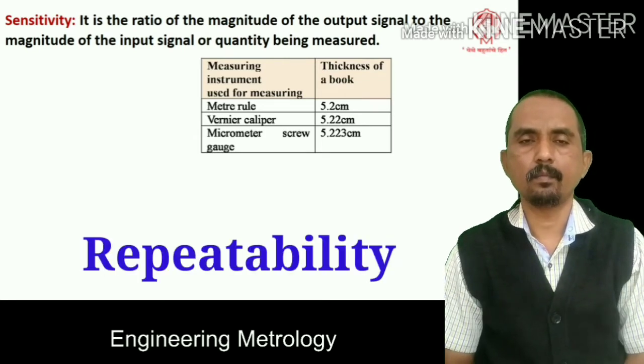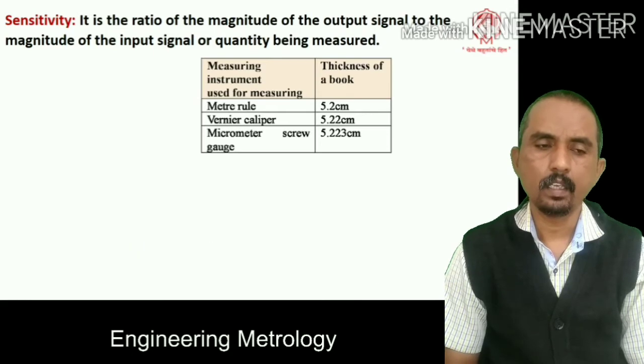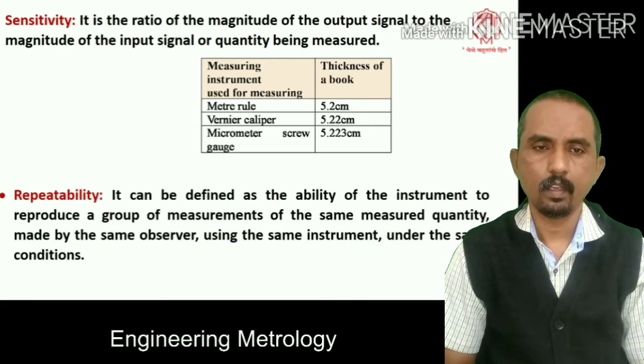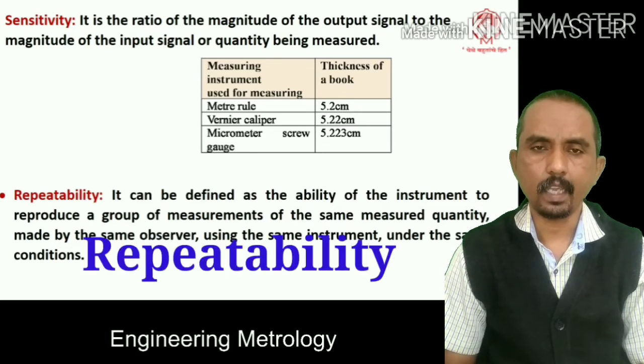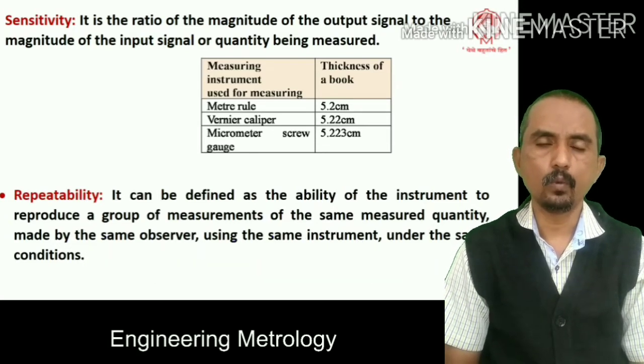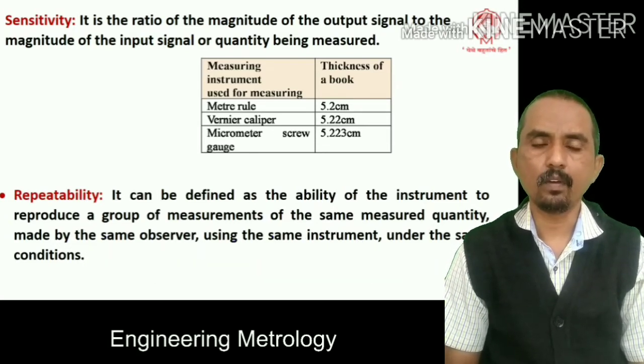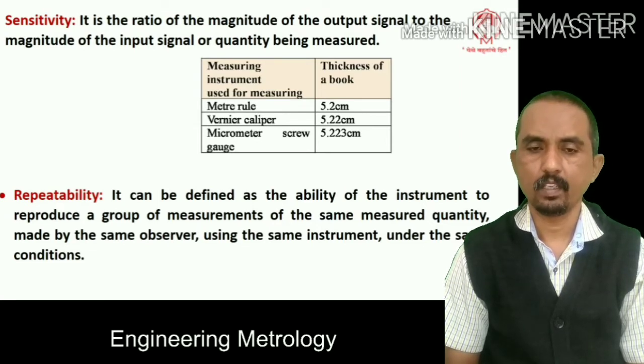Now, the second term, that is repeatability. Repeatability is defined as the ability of an instrument to reproduce a group of measurements of the same measured quantity made by the same observer using the same instrument and under the same conditions.